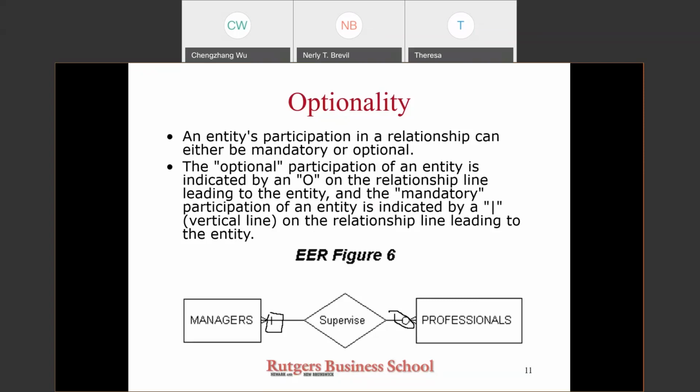So this diagram reads as managers may supervise either none or many professionals, and each professional must be supervised by at least one and possibly many managers.